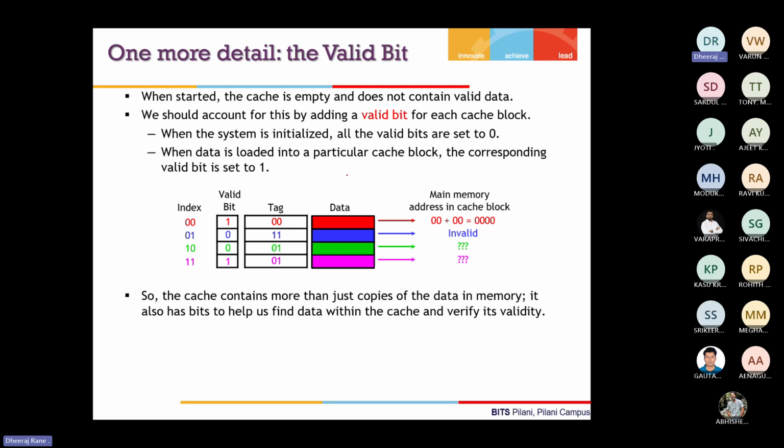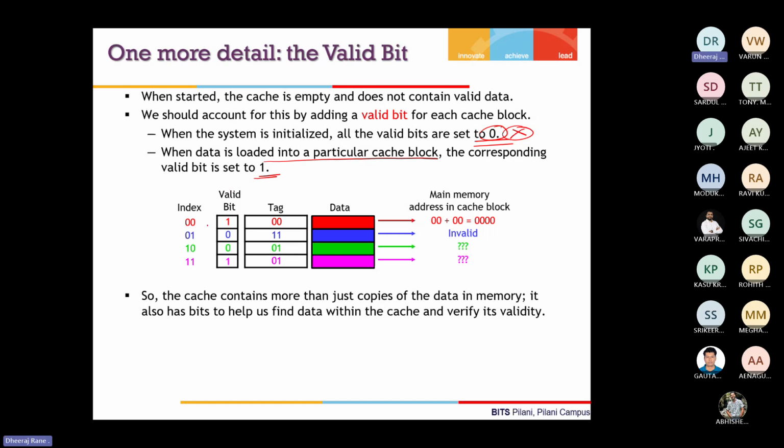If the valid bit is set to 0, that means the system has recently been initialized, and 0 means the data is not valid. Whenever data is loaded corresponding to any memory and that cache block is populated, the valid bit is set to 1.